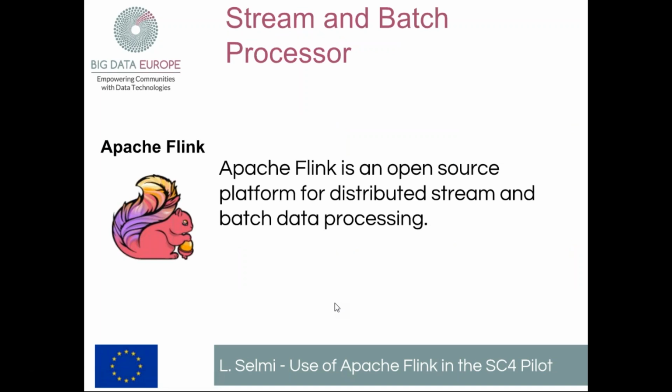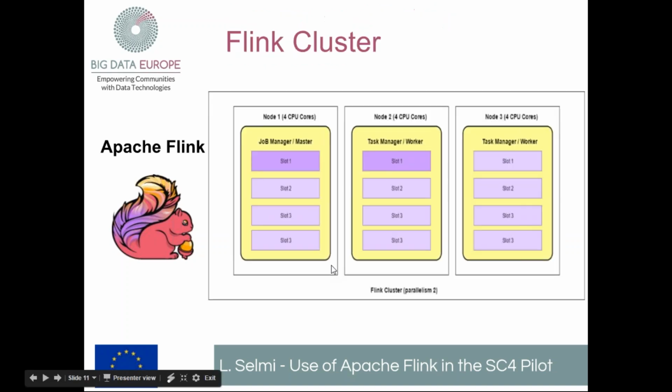Then the processing of the data will be mainly driven by Apache Flink, and the consumers will be Flink jobs that will transform, for example, the data, the coordinates, and will apply the map matching algorithm or other algorithms, for example, for the training of the model for the prediction.